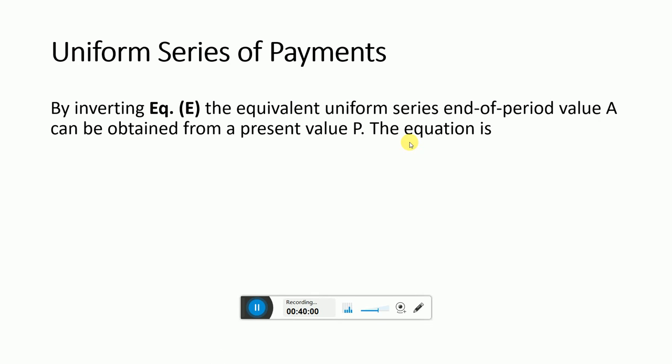We can also invert this relationship and find the equivalent uniform series end of period value A in terms of P. So the equation would be A is equal to P times i(1 + i)^n over (1 + i)^n minus 1.